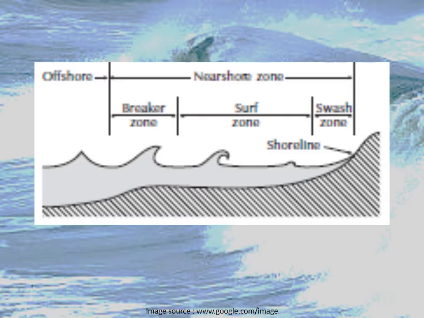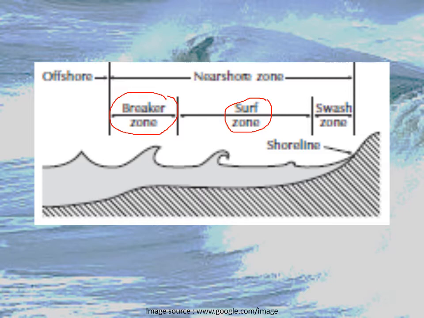Where the wave breaks, that zone is known as the breaker zone. After the breaking of the wave, the water gradually rolls over the surface, which is known as the surf zone. Often we see people surfing in the coastal areas.